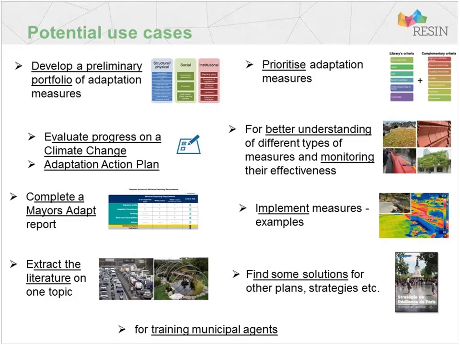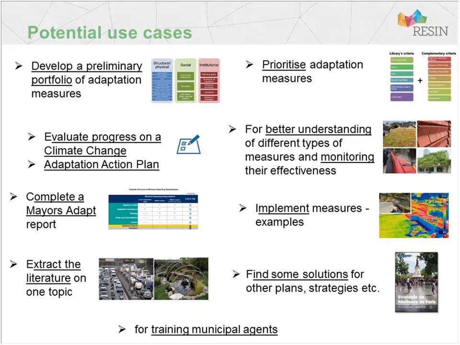And also it can be useful for training municipal agents. We want to say with this that at the end the library contains a lot of information which comes from literature, and it can be useful to see which is the best indicator to assess the effectiveness.